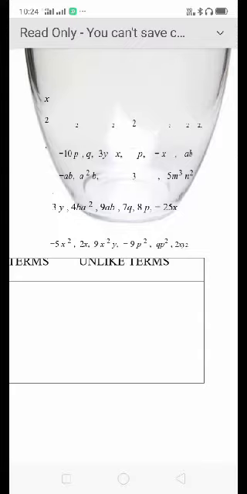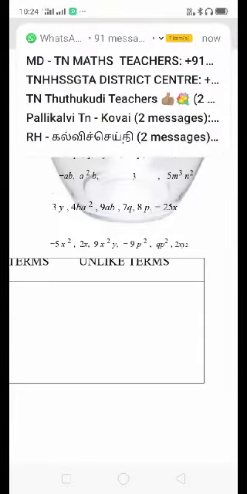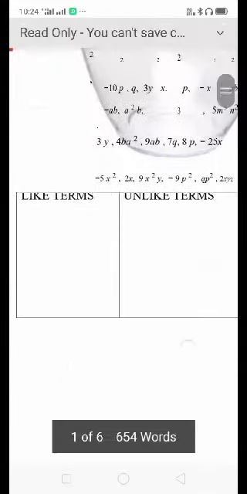These chocolates refer to variables. That 5 and 9 are constants. Understand? So, this is the way you have to add like terms. Okay.